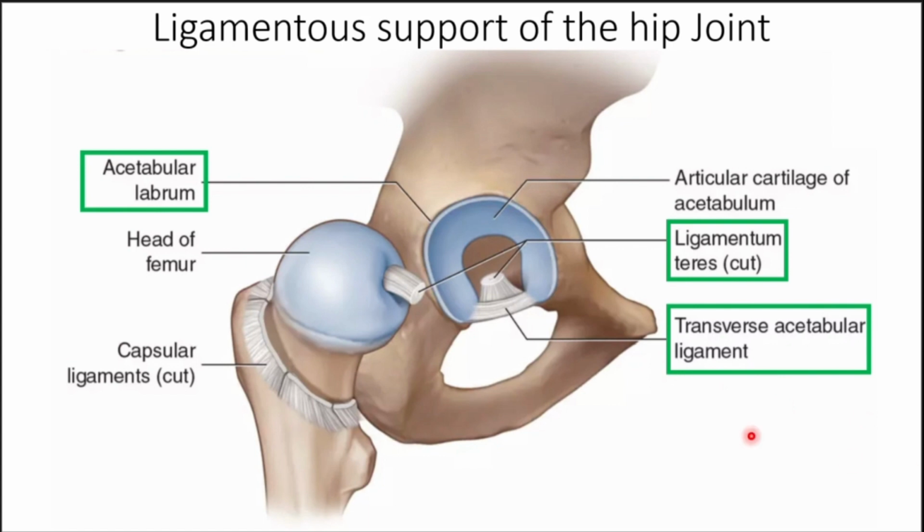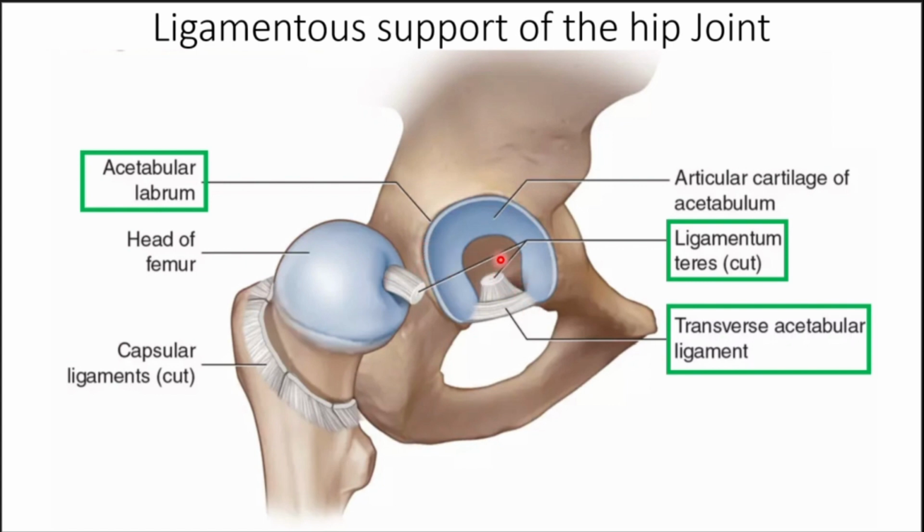The acetabular labrum is a wedge-shaped fibrocartilaginous ring around the periphery of the acetabulum, which increases stability by deepening the socket and increasing the concavity of the articulating surface at this joint.